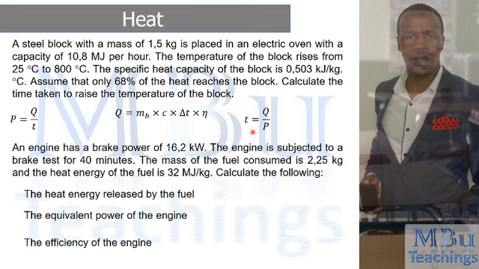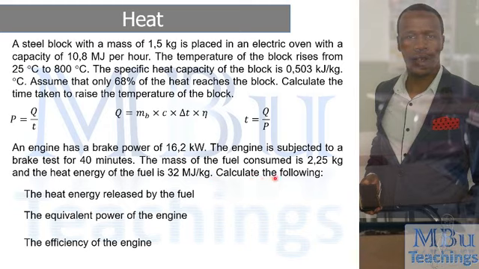We have this one. Let's read it. An engine has a brake power of 16.2 kilowatts. That is power, obviously. The engine is subjected to a brake test for 40 minutes. The mass of the fuel consumed is 2.25 kg, and the heat energy of the fuel is 32 megajoules per kg.